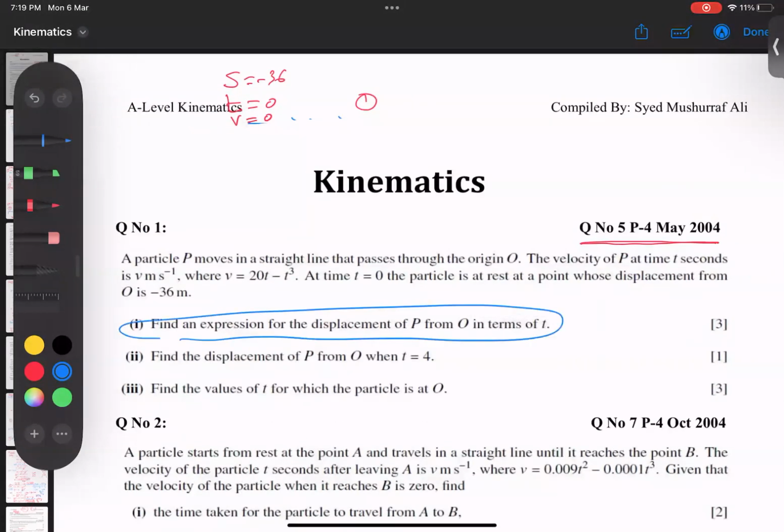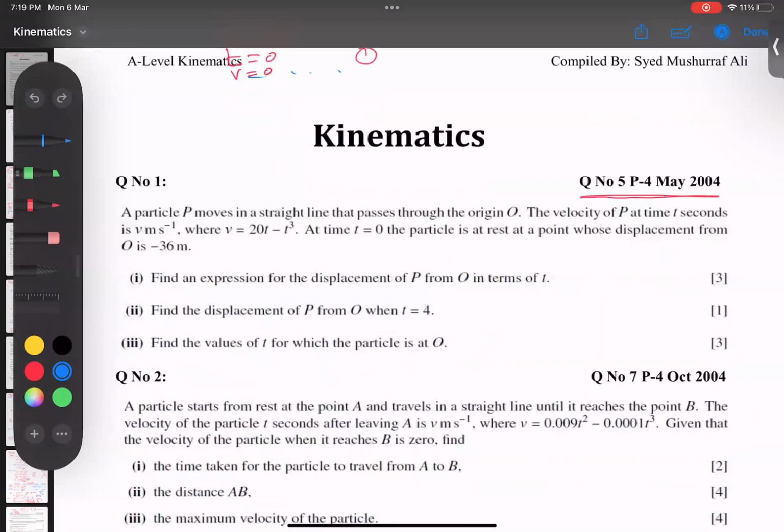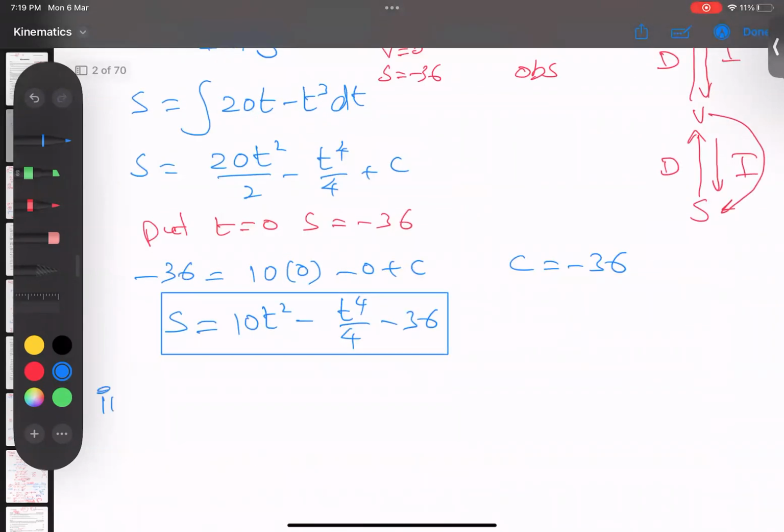Alhamdulillah, done. Part number 2: find the displacement when time is 4. So simply plug in 4 here. So t equals 4.